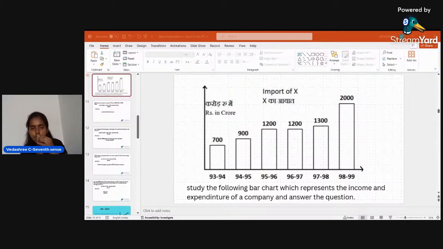So what is the answer? First calculate the average, then check out in which year the import of X is more than the average.